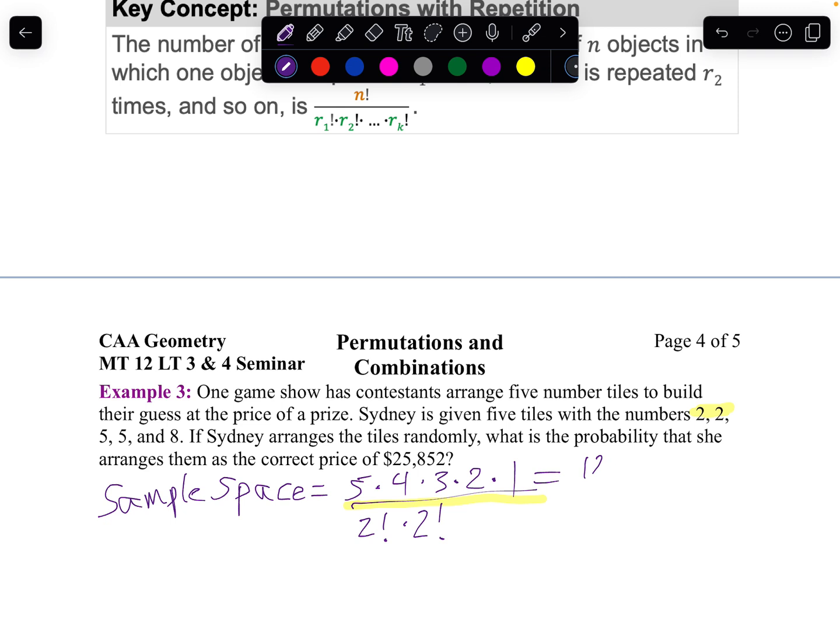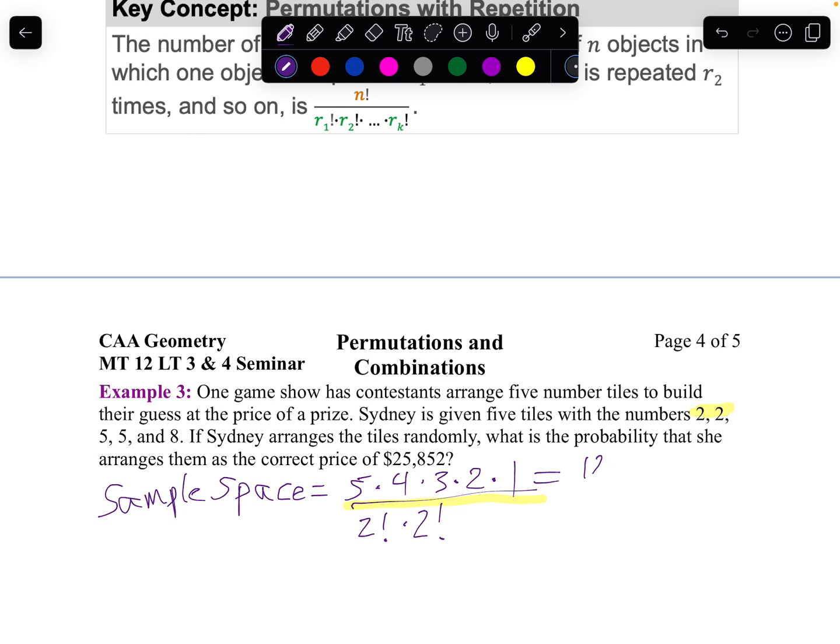And then there's only one way out of those 30 that gives me the correct price, isn't it? So the probability that she just pulls them out of the bag and she wins is going to be 1 out of 30. Not very high, is it?